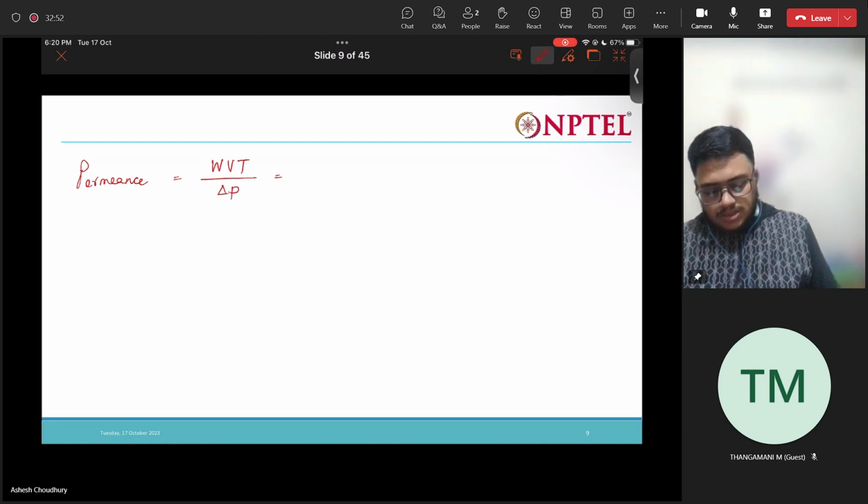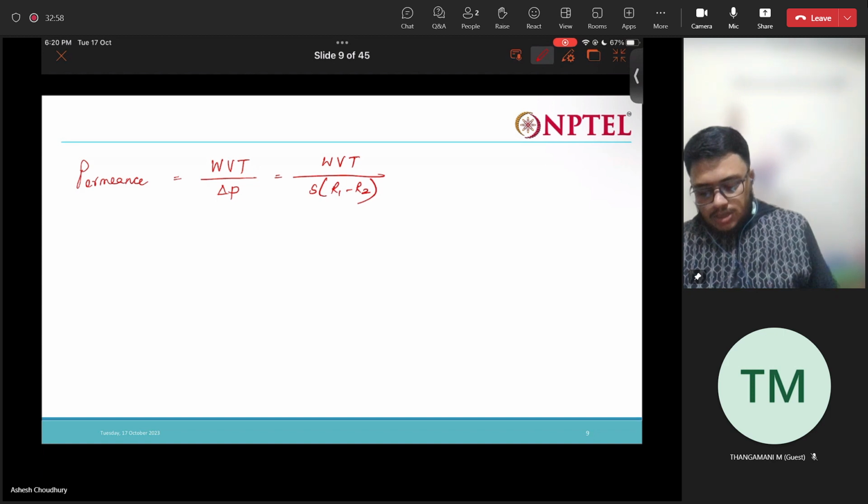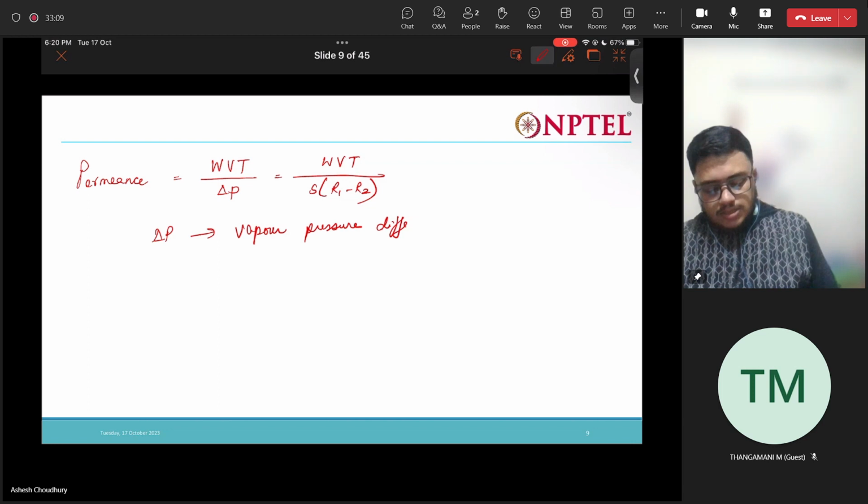So vapor transmission by S into R1 minus R2. Delta P is the vapor pressure difference across the membrane, in unit of mm of mercury.